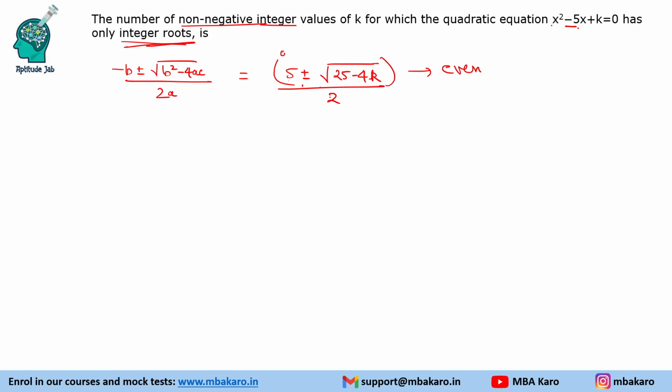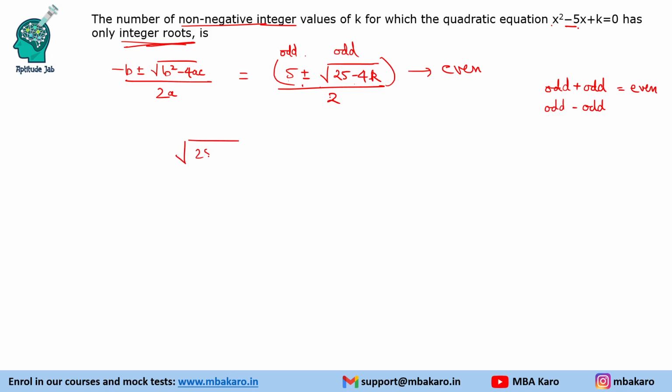Now, if this is odd and we have to add or subtract a number, that means this part should be an odd number, because odd plus odd or odd minus odd is always an even number. Instead of taking random possibilities, we must solve it logically. Okay, so keeping this in mind, this part should be odd.